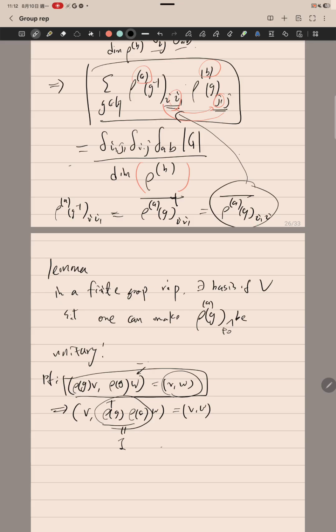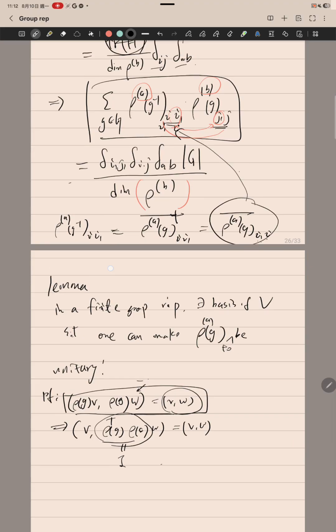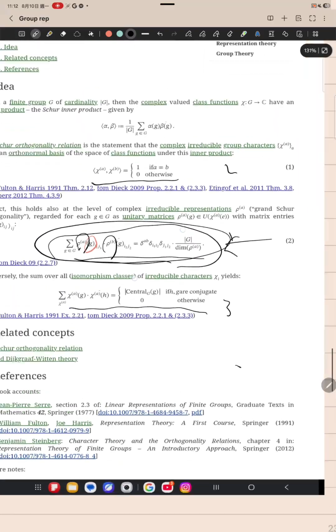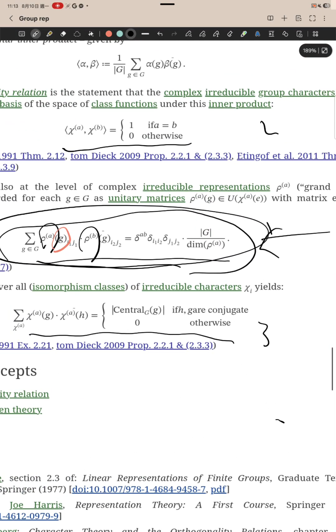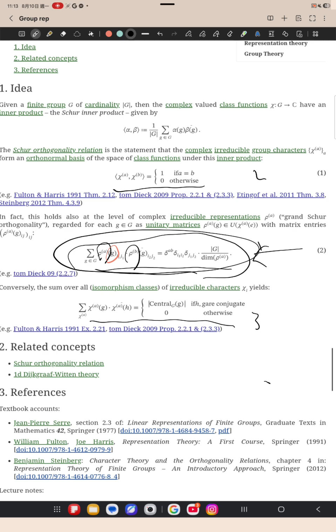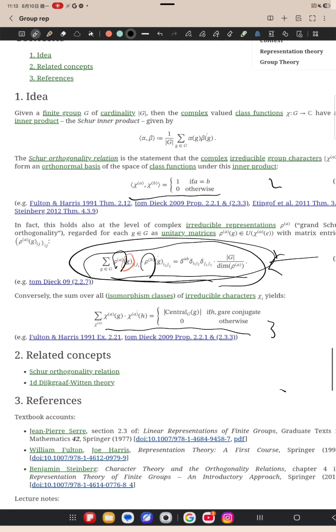So you get rho A G I1 I, and you move to rho A G complex conjugate. And I think this indeed proves these orthogonalities. I think there should be a complex conjugate maybe here or something. I think so. Yeah. But this is a proof.